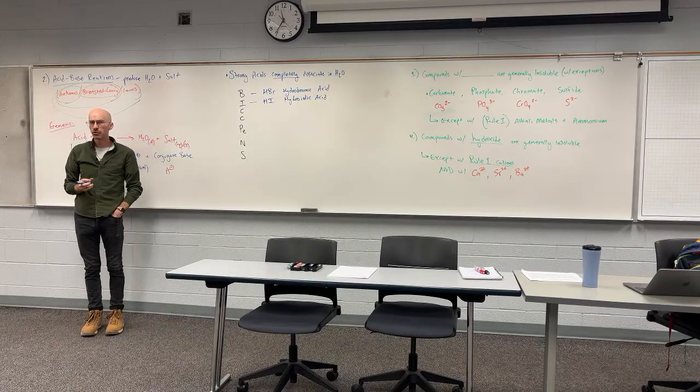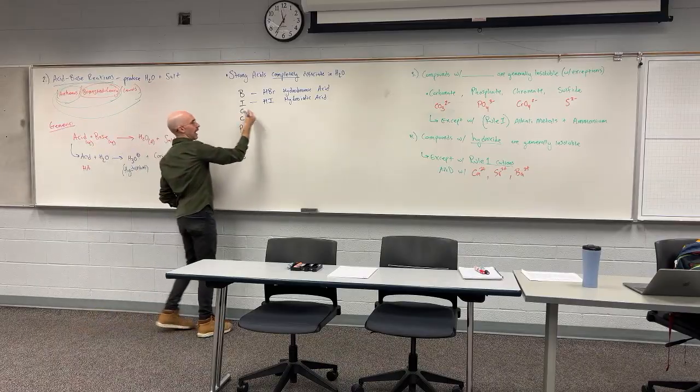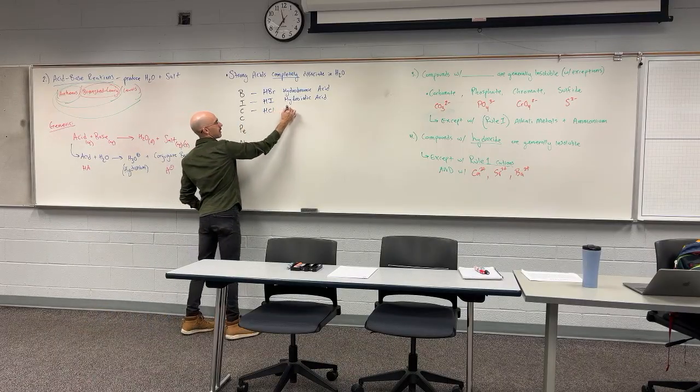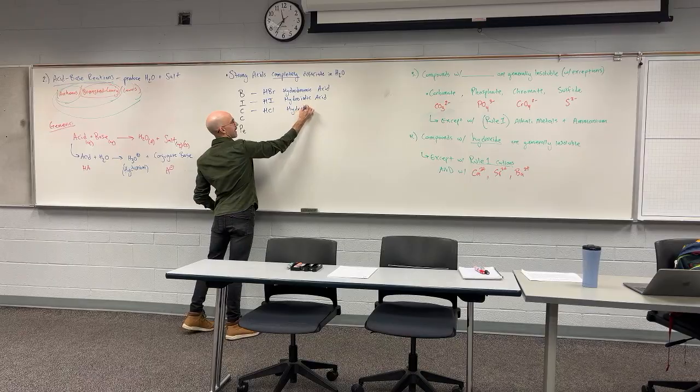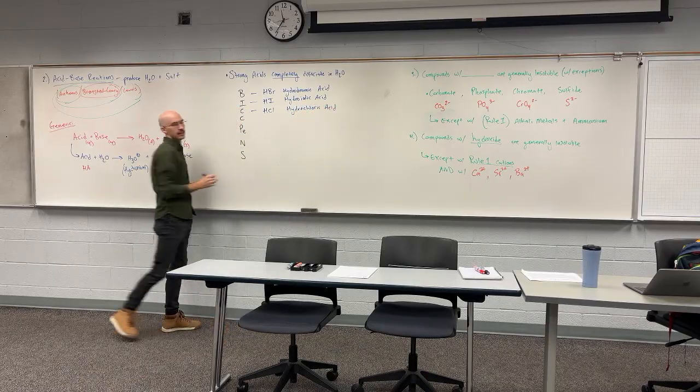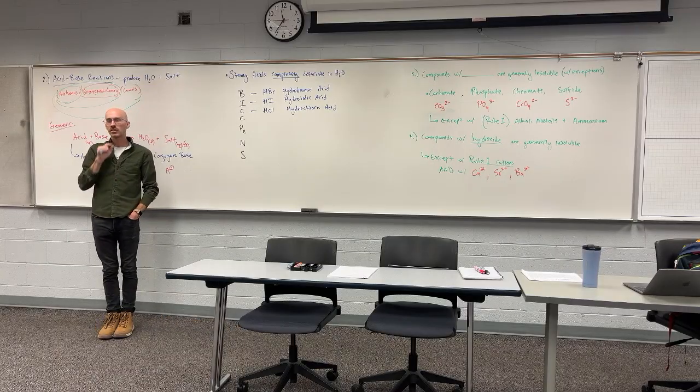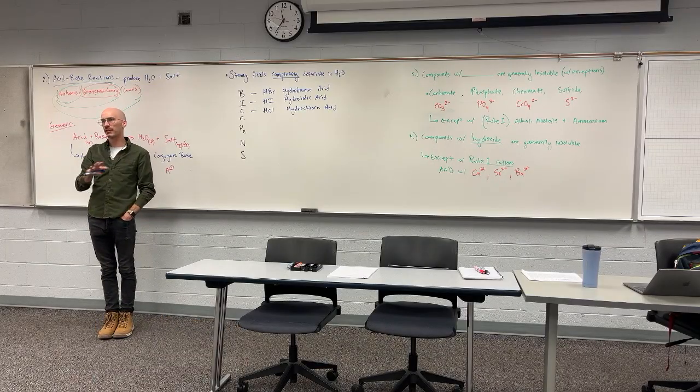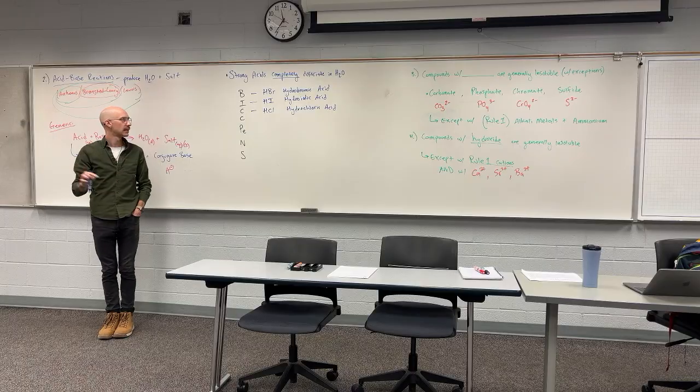Given the first two, can you guess the third? Do you think C stands for carbon or chlorine? Chlorine. We're in this family. Bromine, iodine, chlorine. Hydrochloric acid. C is actually never going to stand for carbon. Carbon is a terrible acid.